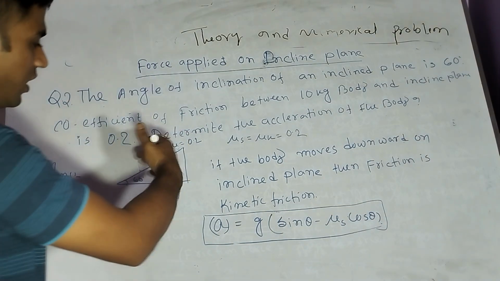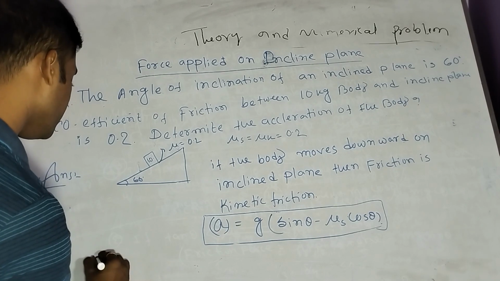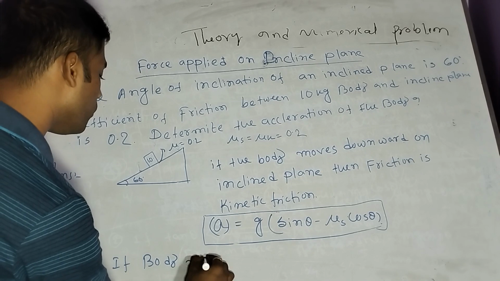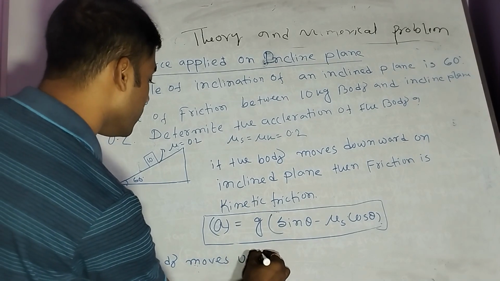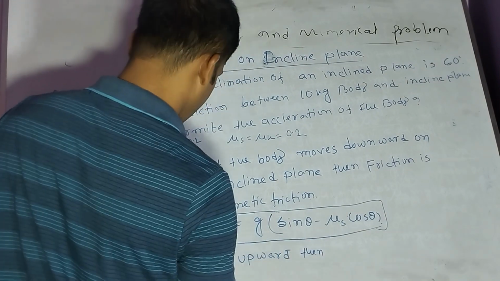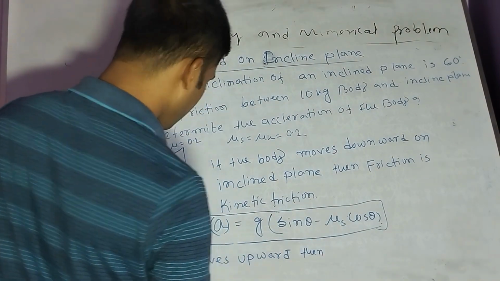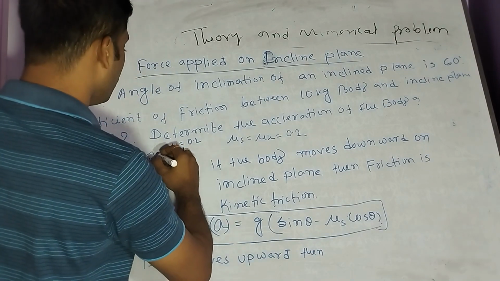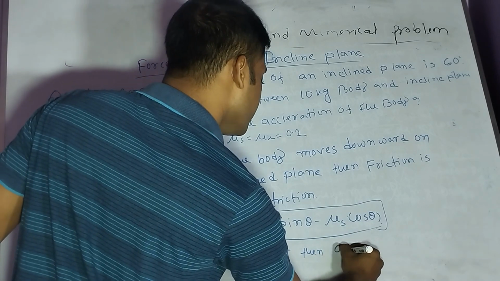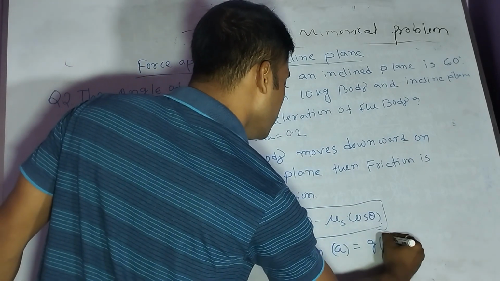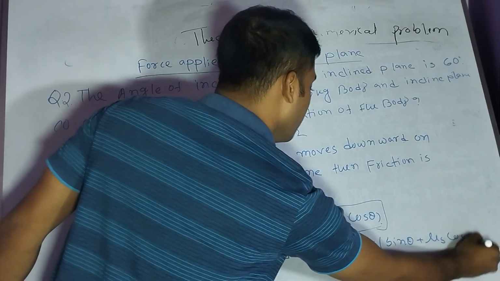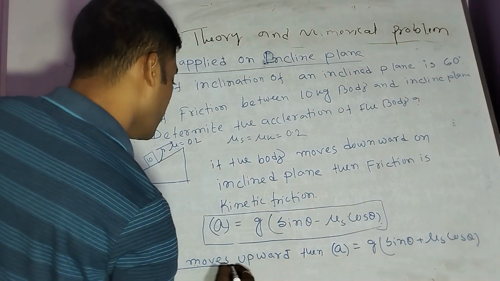When the body is slipping downward, that is this formula. If the body moves upward, not downward, it also gets kinetic friction. If the body moves upward, then acceleration a is equal to g sin theta plus mu s cos theta.